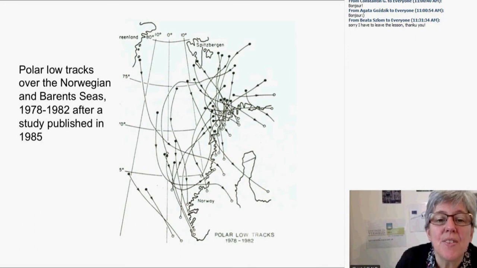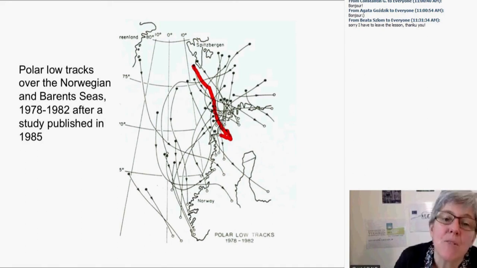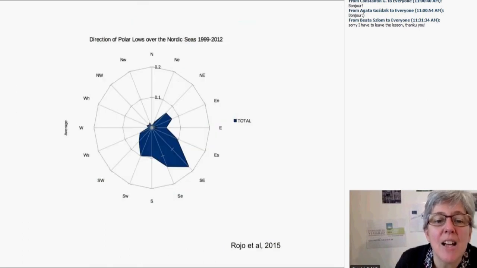You see that most of the polar lows take a southeastward direction. Just some which formed over the Barents Sea could move to the west, but usually it was more southeast.